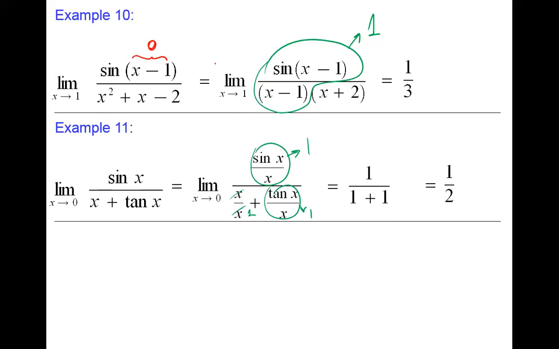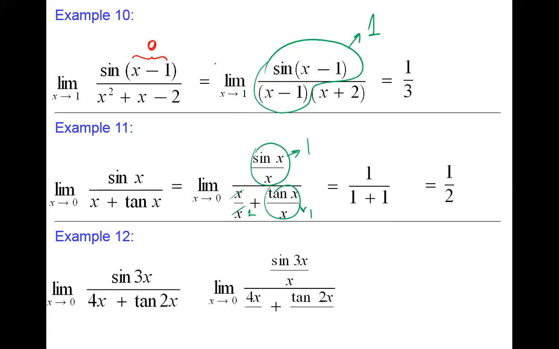And example number 12. Actually, almost the same as example number 11, just additional coefficients. That means I will do the same. I will take sine of 3x divided by x, 4x divided by x, and tan 2x divided by x. And we can see this is 4. This one, we will need an additional 3 because we have sine of 3x and we need 3x.